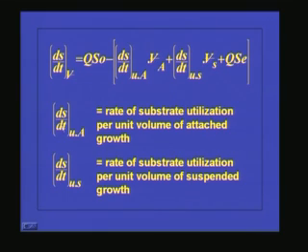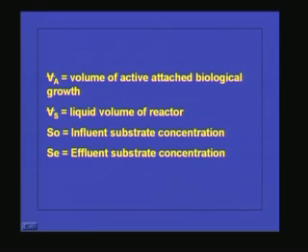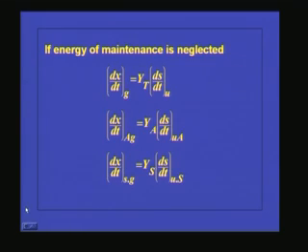So that is what I have given here: ds by dt UA, rate of substrate utilization per unit volume of attached growth, and ds by dt US, rate of substrate utilization per unit volume of suspended growth, and Va, volume of active attached biological growth, Vs, liquid volume of reactor, S0, influent substrate concentration, and Se, effluent substrate concentration.